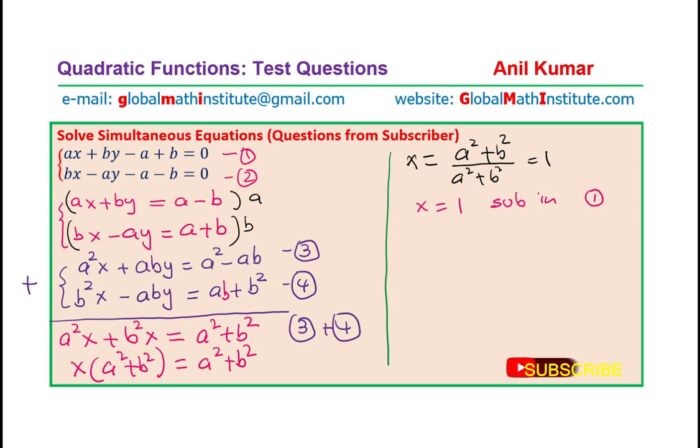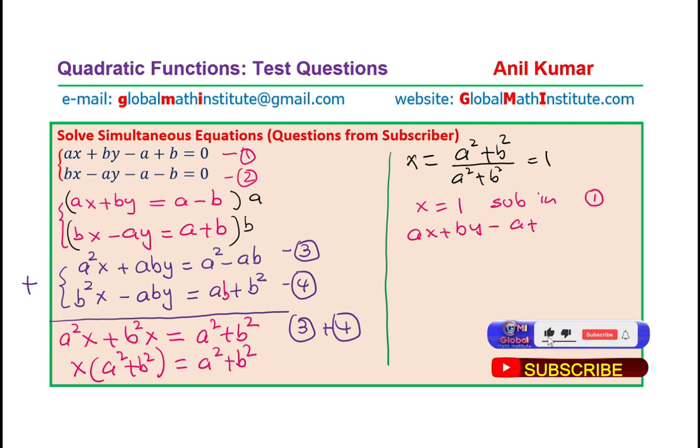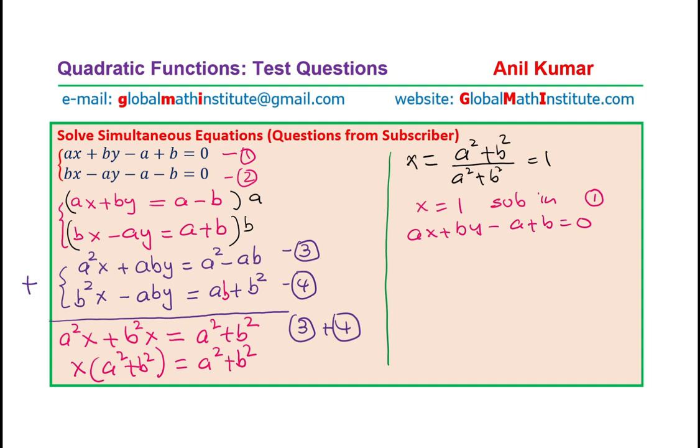So the equation is ax plus by minus a plus b equals 0. I didn't label the other two where I could have substituted, right? So with x as 1, we get a plus by minus a plus b equals 0. Now a minus a is 0, so we get by plus b equals 0.